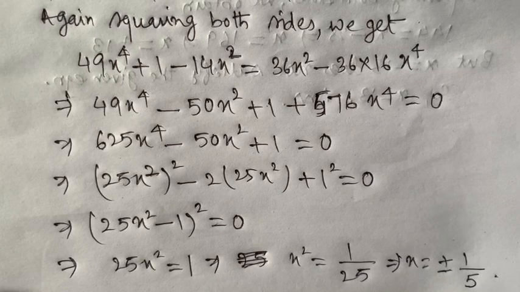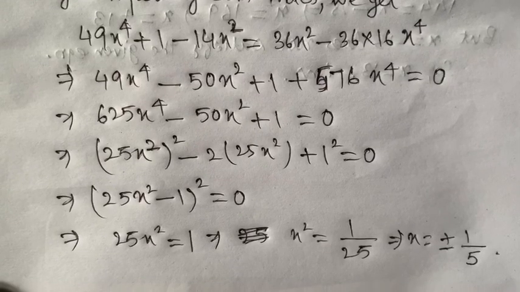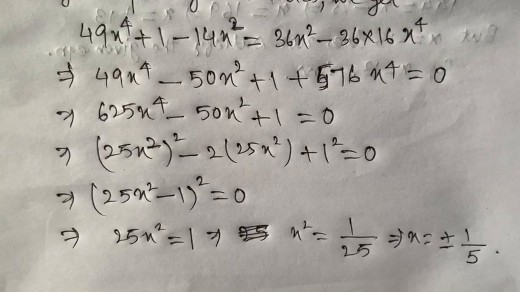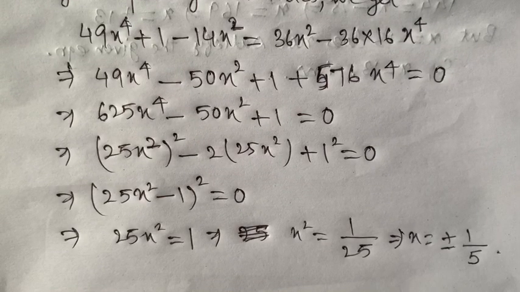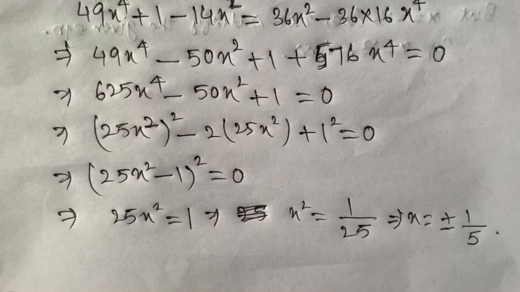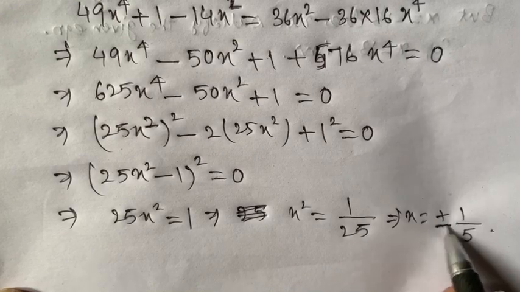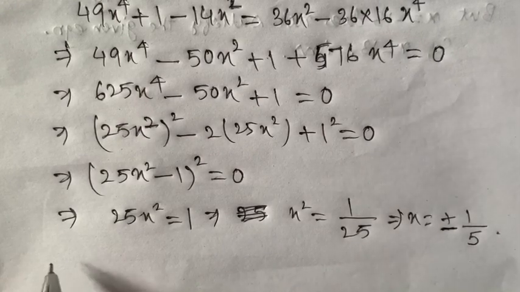Now again we need to see whether both the values are admissible or not. In this case, negative values are admissible, positive values are not admissible. As we can see, sine inverse of 4x plus sine inverse of 3x is given as minus pi by 2, so only the negative value will work.